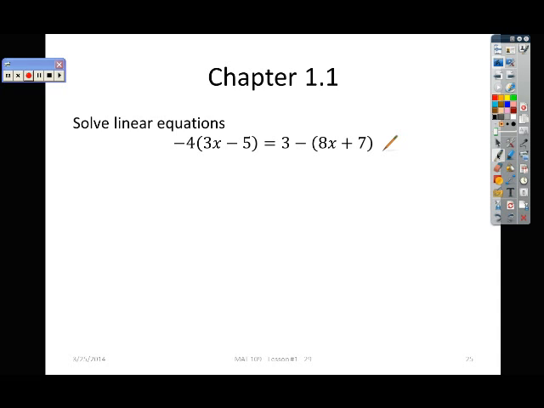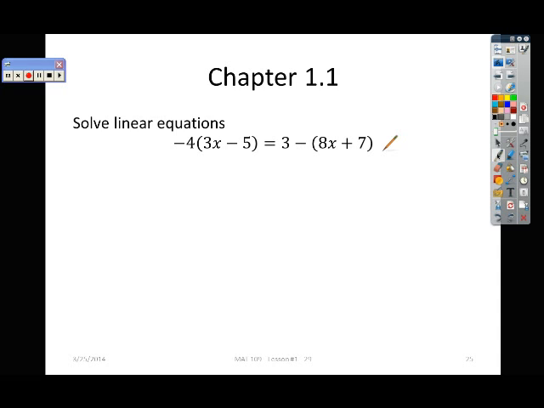That will wind up giving you a single variable term on one side and a single constant term on the other. Then you divide by the coefficient of the variable, and that gives you your answer.